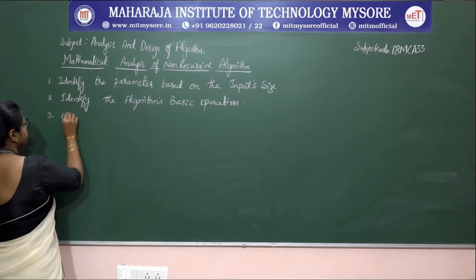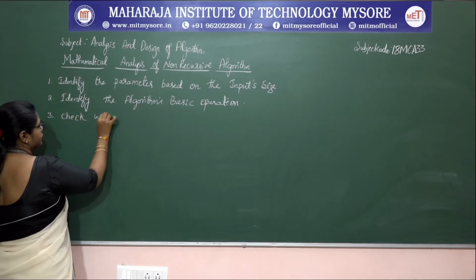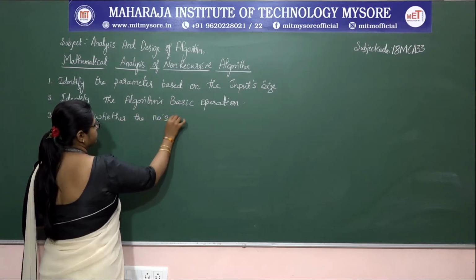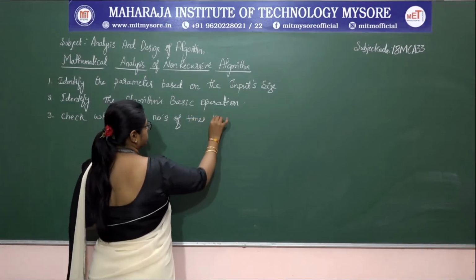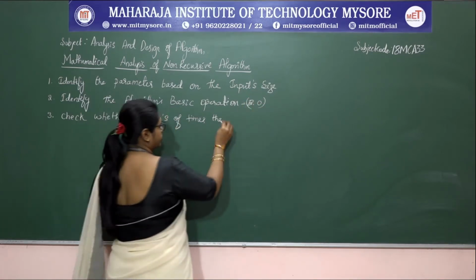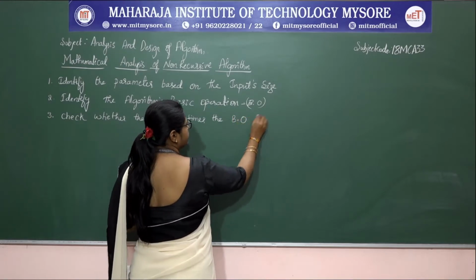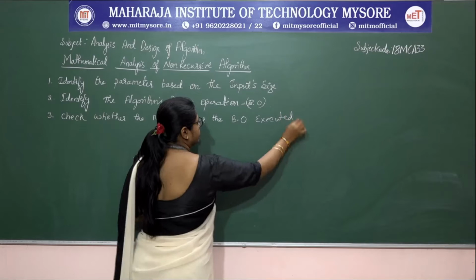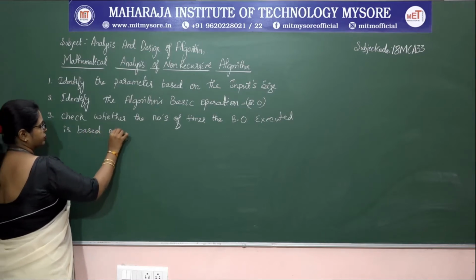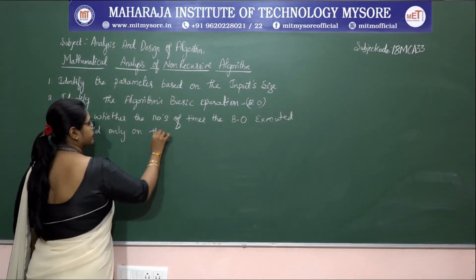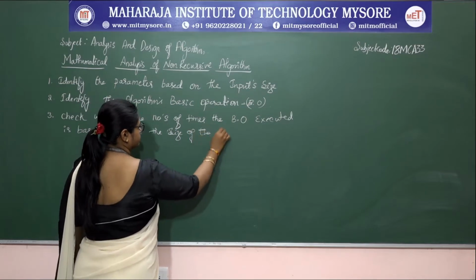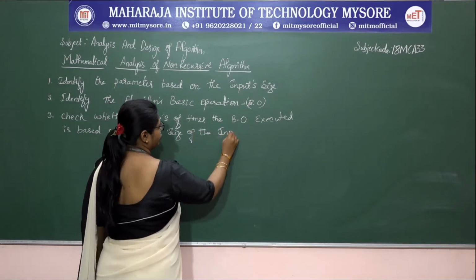And the third step is to check whether the number of times the BO, that is the basic operation, I am going to use as B dot O, that is the number of times the basic operation is executed, is based only on the size of the input.